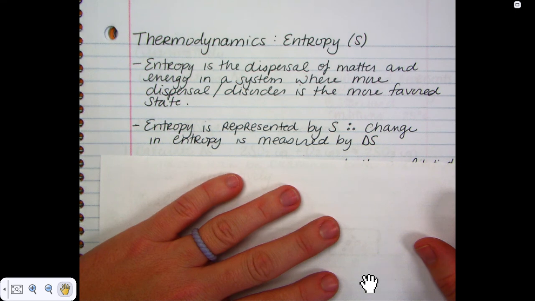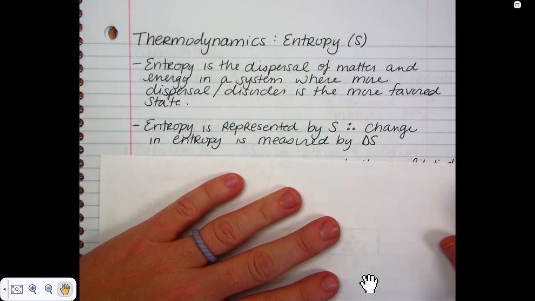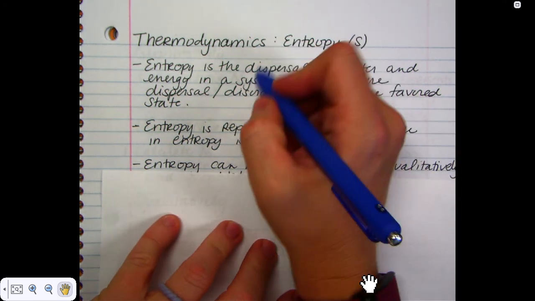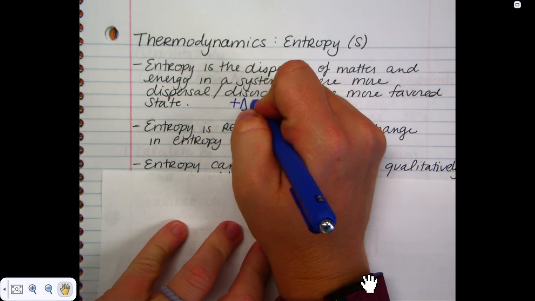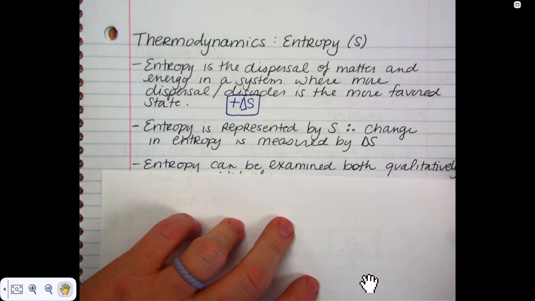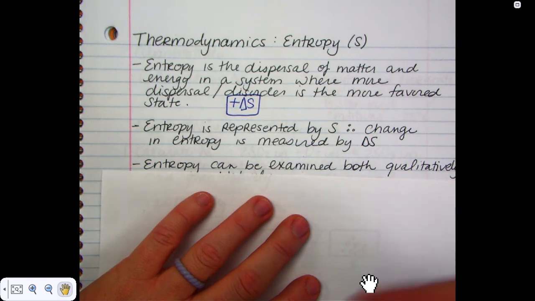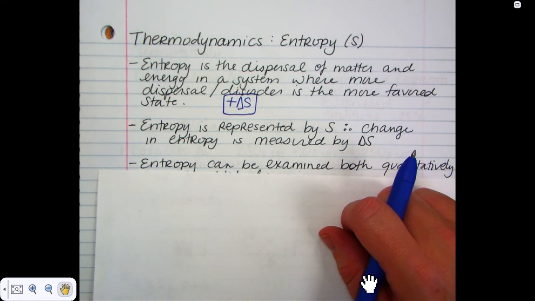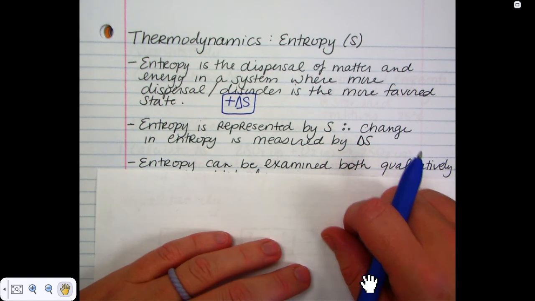It takes no energy whatsoever for it to go all over the place. So having a lot of disorder, the positive delta S state, is favorable, and having organization, the negative delta S state, is unfavorable. Okay, so that's an analogy that will hopefully help you figure this one out.